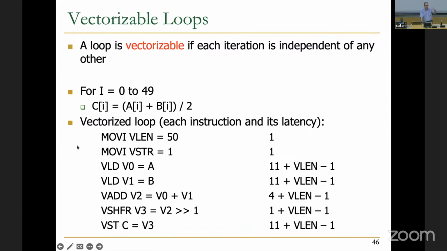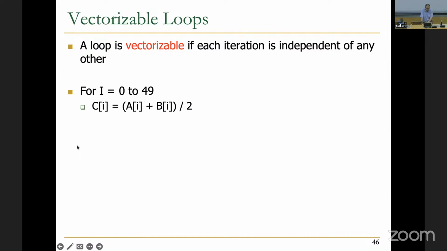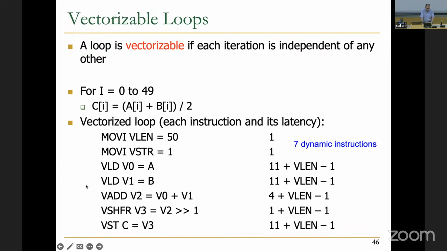So the whole code that you had before with a lot of loops is now just some vector instructions. If you count the number of dynamic instructions, we have only 7. That immediately shows why these architectures are quite energy efficient, because you really amortize the overhead of fetching and decoding instructions over multiple data elements.